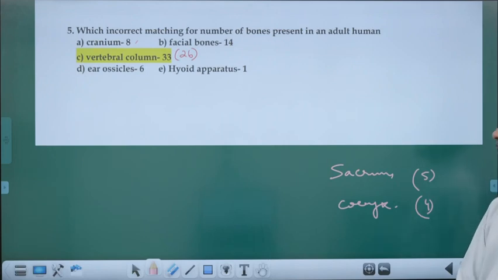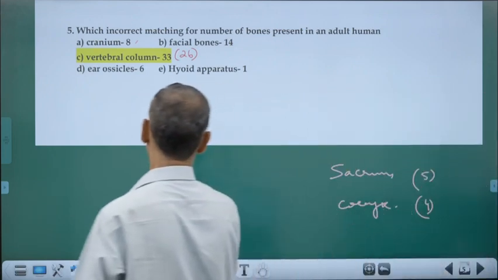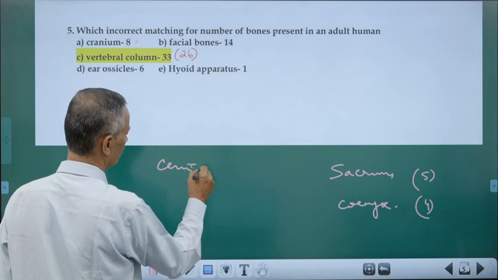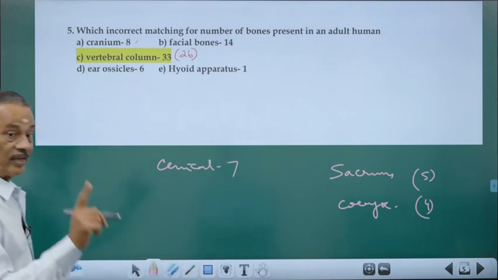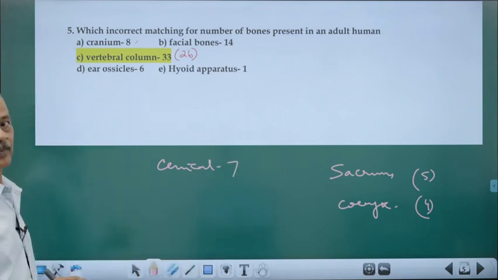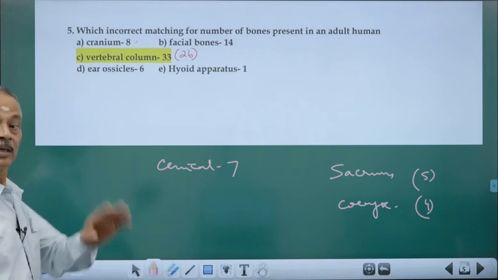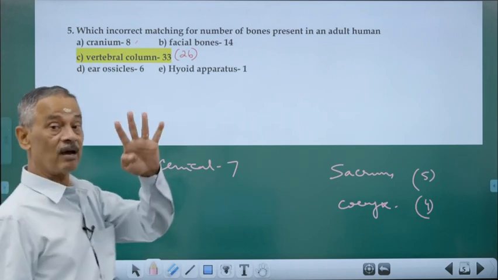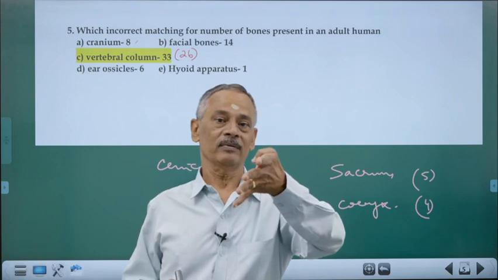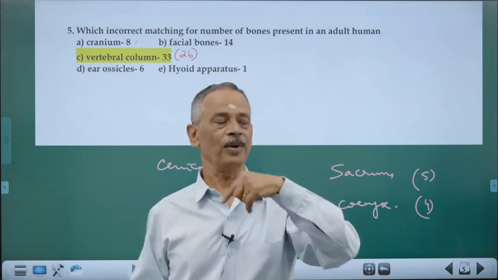We have cervical, 7. That's a characteristic nature of mammals, but 4 genera are having a different number, atypical cervical number.